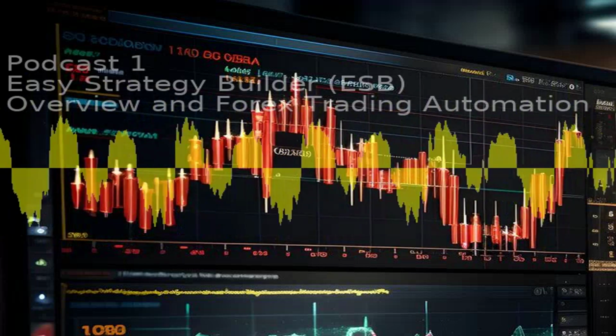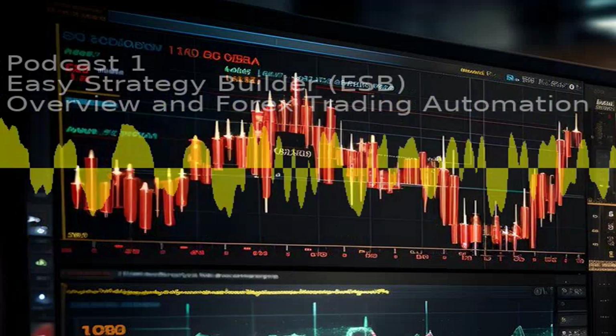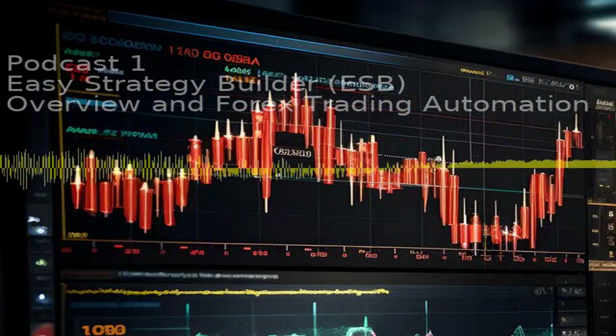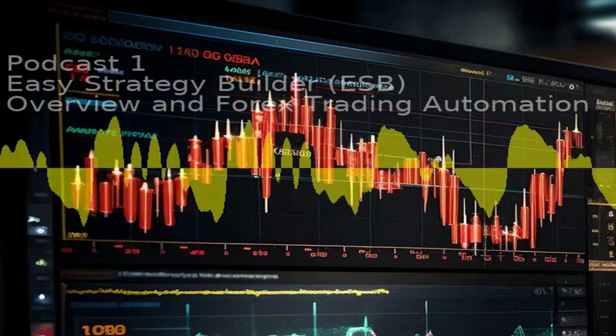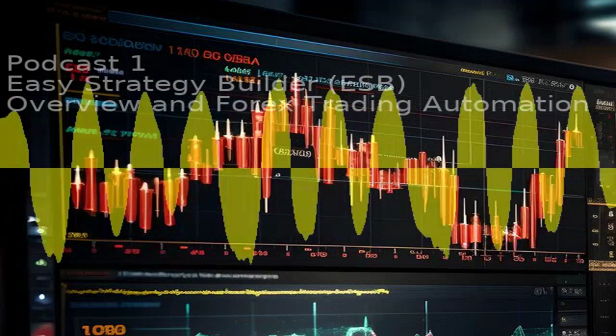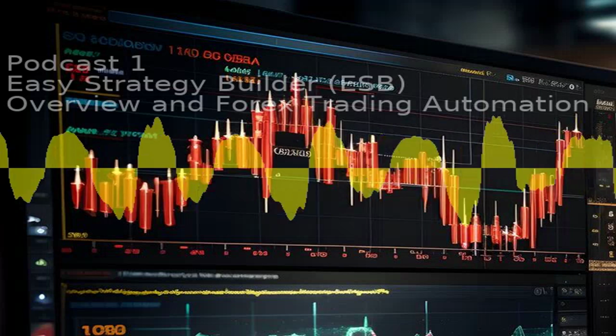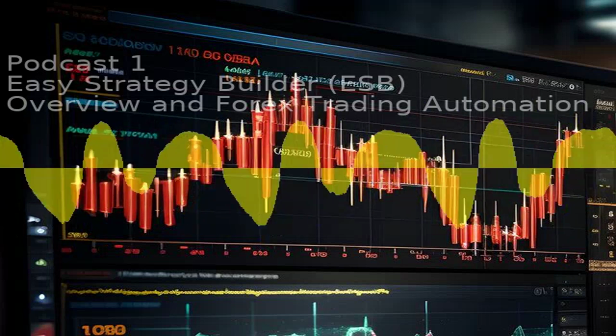And that kind of leads me to a bigger question. If ESB makes it this easy to create and automate these complex strategies, how important is the trader's own knowledge at that point? Like, do you even need to understand the market anymore? It's the age-old question, right? Tools versus knowledge. Because there's got to be a risk of becoming too reliant on automation. Absolutely.